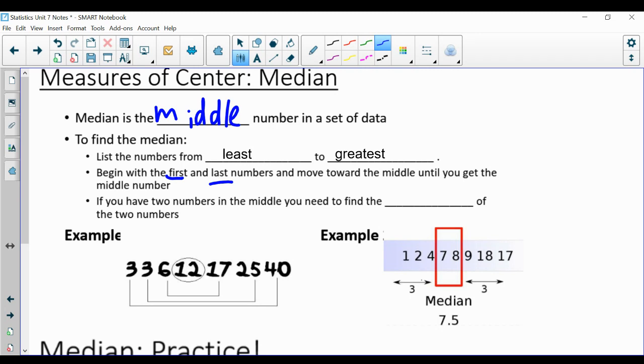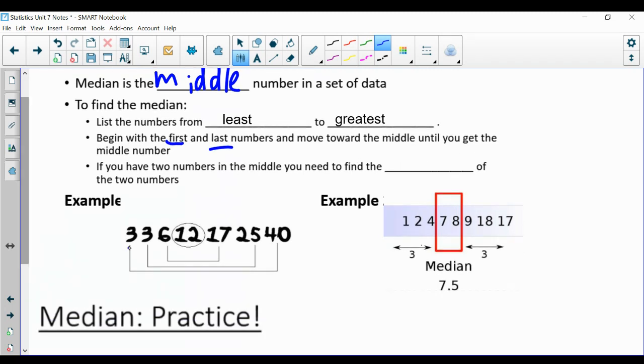In this example below, they've paired the numbers up using lines below. What I tend to do is just mark them out. I'll start with the first one and mark one out, then go to the end and mark another one out, and continue alternating until I get to a final number.